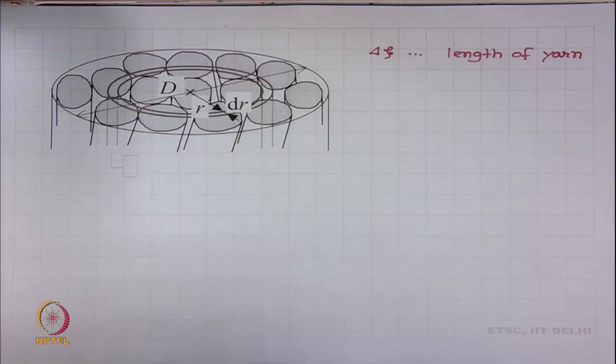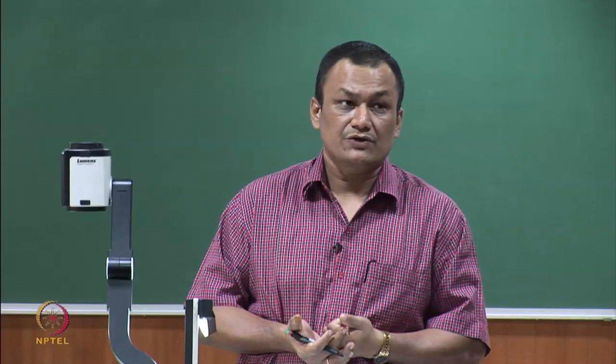Now, how many fibers are present in the cross section of the yarn?